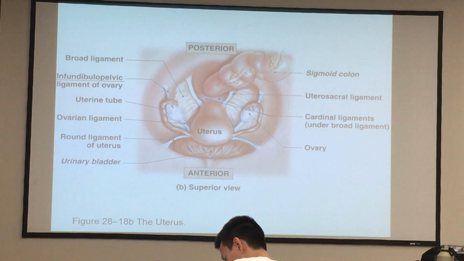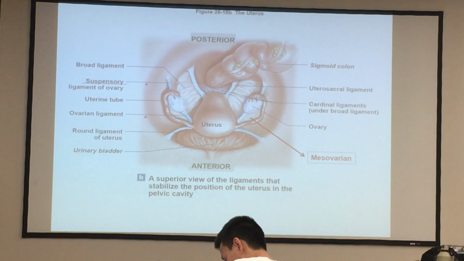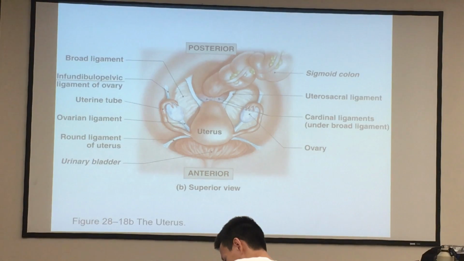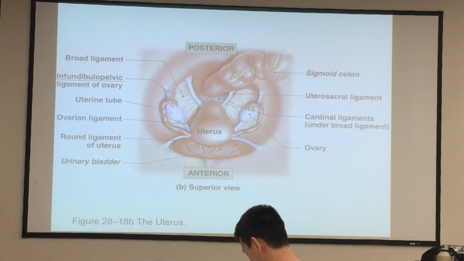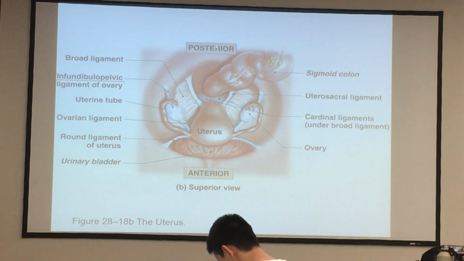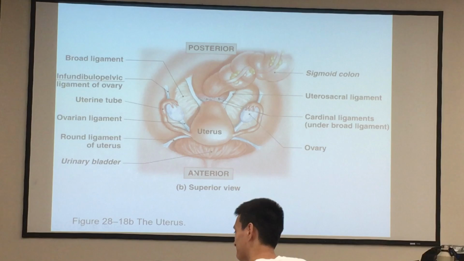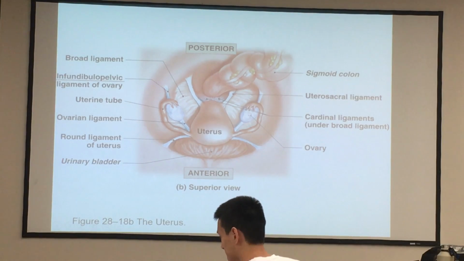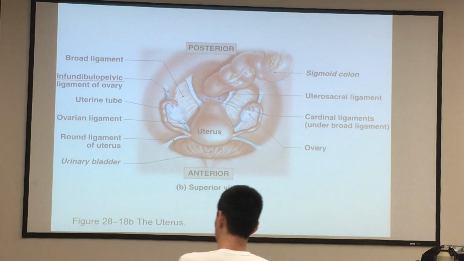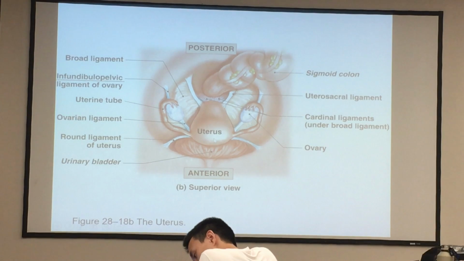Now we first look at the ovary. We look from the top to the bottom. This is posterior, this is anterior. We look at the ovary. Then the center part is the uterus, and you can see two ligaments.